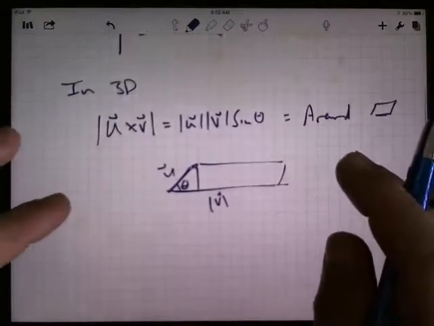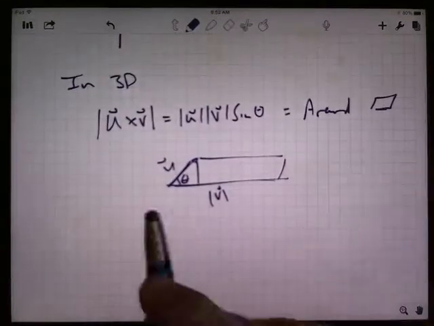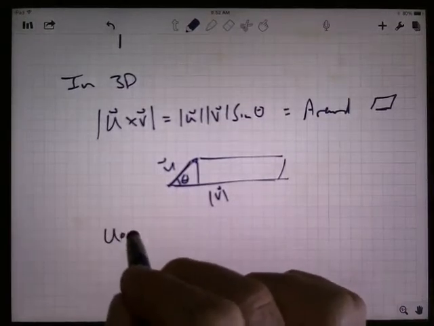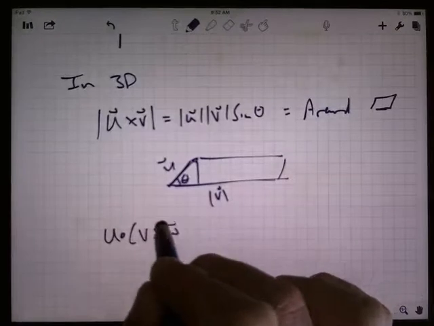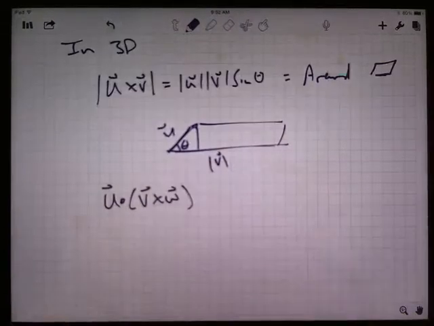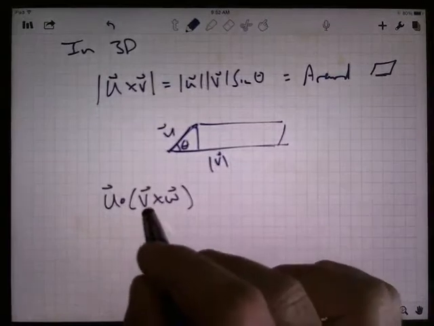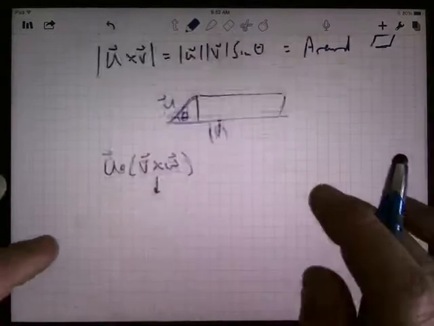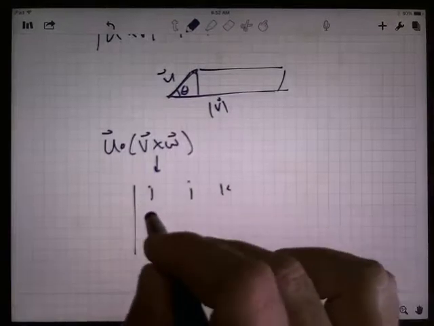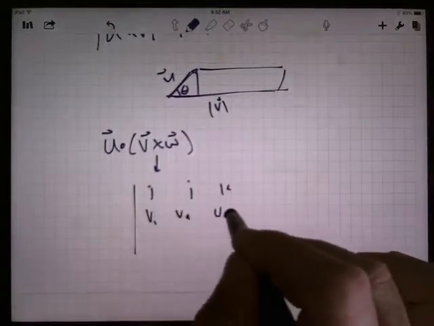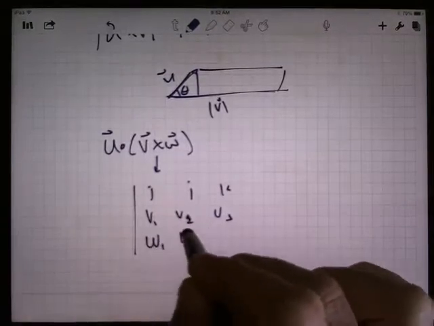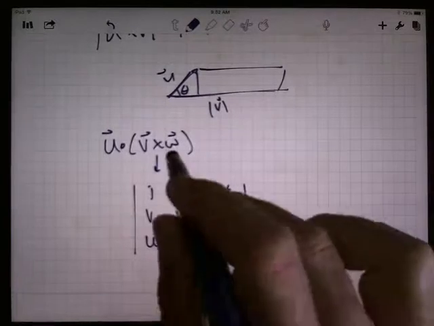Then we look at the notion of the triple product, where you have something like U dotted with V crossed with W, right? Where you calculate V crossed with W using a determinant. You say I, J, K, V1, V2, V3, W1, W2, W3, right? That's the way that's calculated.